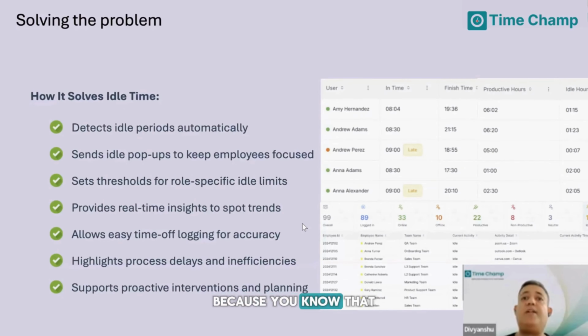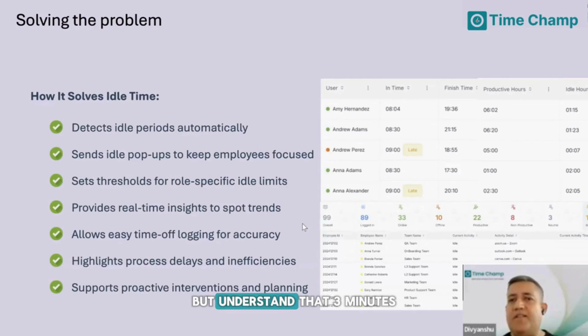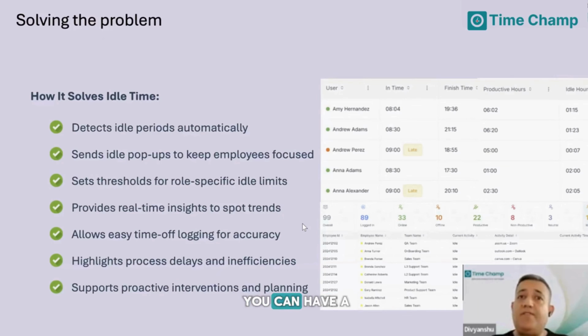Because you know that a person who is a researcher will have to research, read articles, and then make some kind of notation. But understand that 3 minutes or 5 minutes of reading an article is a good amount of time, right? If it exceeds, then you can have a threshold. Say that after 3 minutes there should be a pop-up, some intimation to this person that yes, they are wasting time.